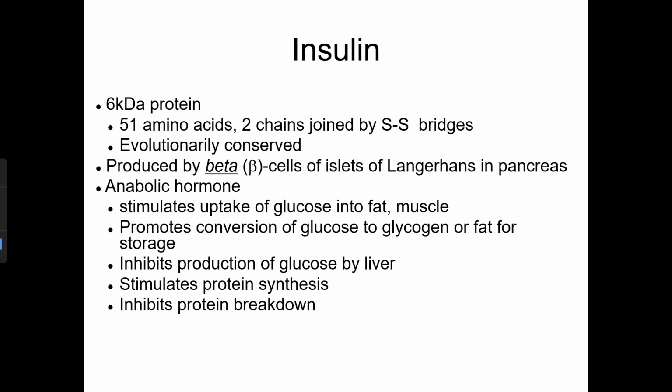Gluconeogenesis is the creation of new glucose from either proteins or lipids. So during a prolonged fast, your body's actually going to want to break down your lipids, or break down your fat, in order to convert those fatty acids into a precursor of glucose, and then eventually it can be converted to glucose or used for cellular respiration.